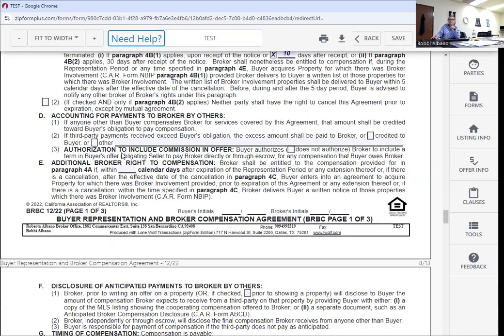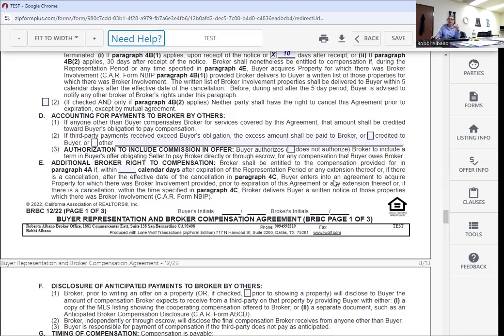Okay. Authorization to include commission in offer. So buyer authorized or does not authorize broker to include a term in the buyer's offer obligating the seller to pay broker directly or through escrow for any compensation that buyer owes broker. So this defaults to buyer authorizing you to include a term in the buyer's offer.